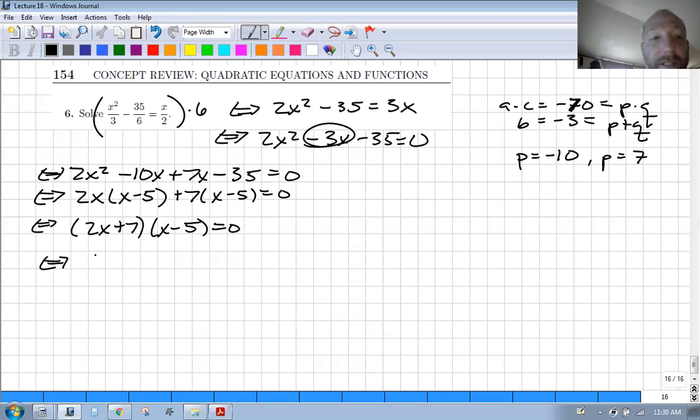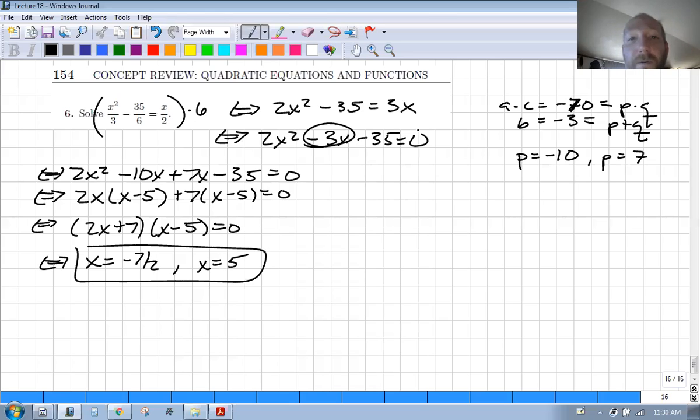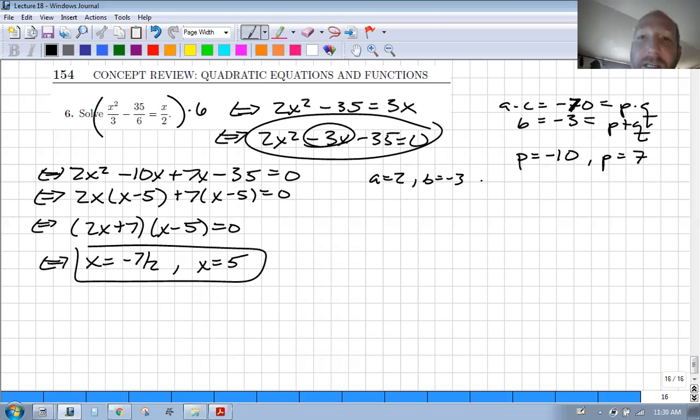Setting these both equal to 0, I either get x equals negative 7/2 or x equals 5. Or we could have used the quadratic formula, whichever way works for you better. The quadratic formula: a is 2, b is negative 3, and c is negative 35.